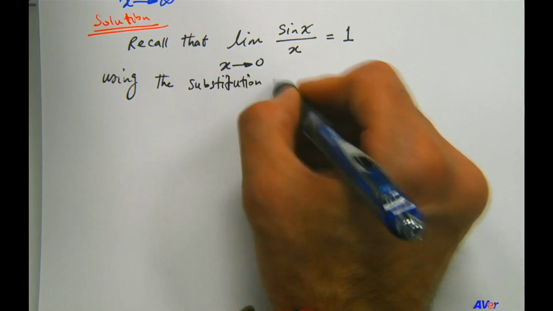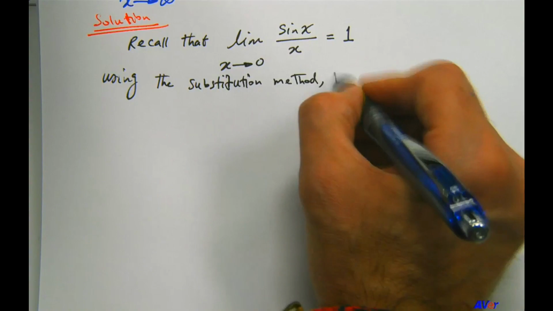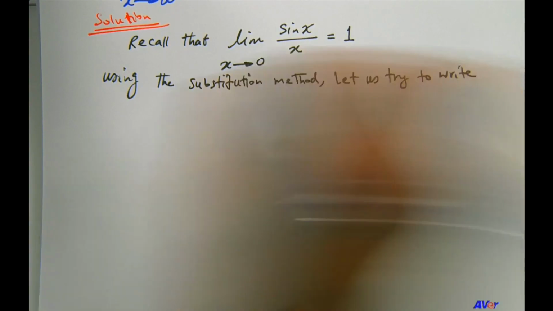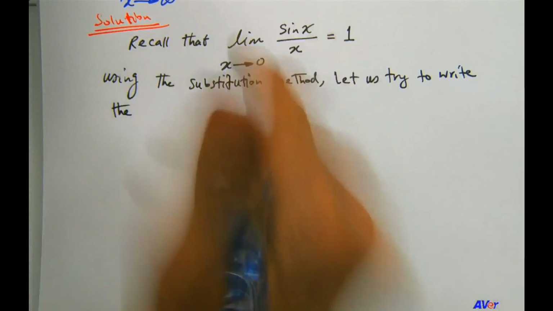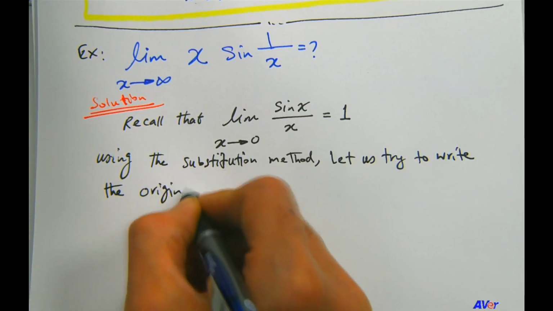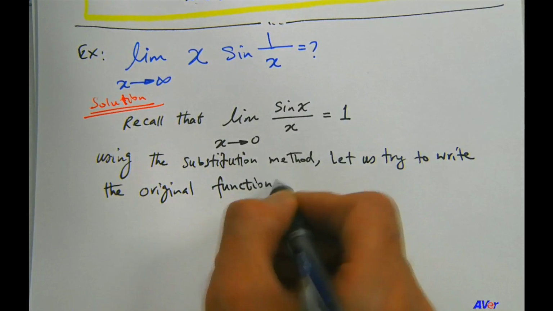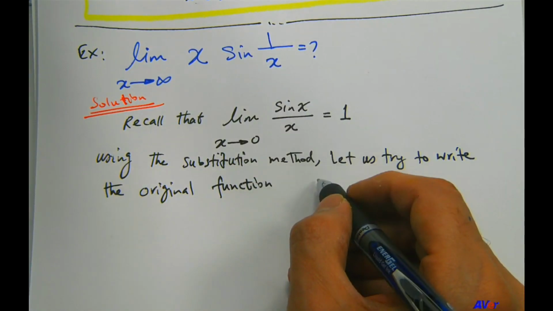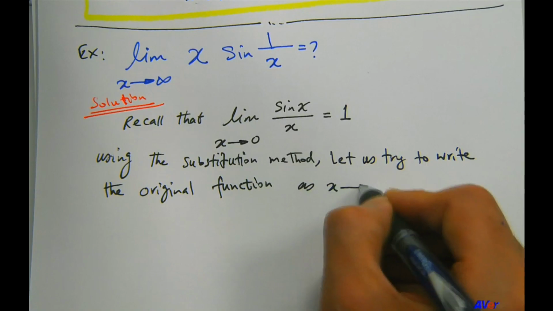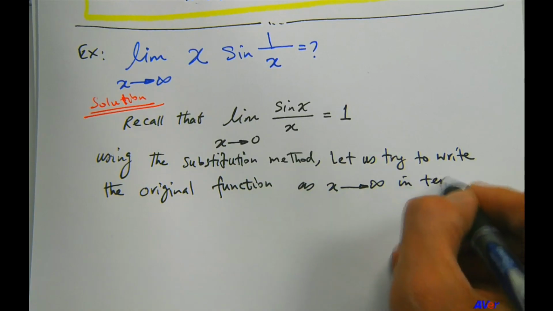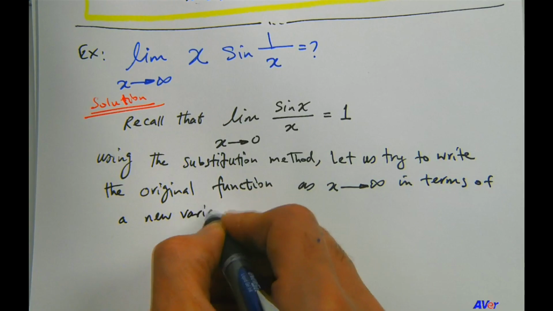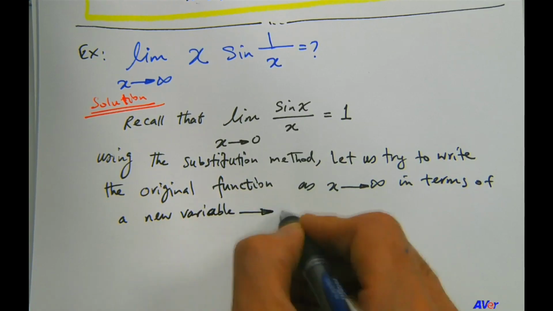Using the substitution method, let us try to write the original problem or the original function as x approaches infinity in terms of a new variable approaching 0.